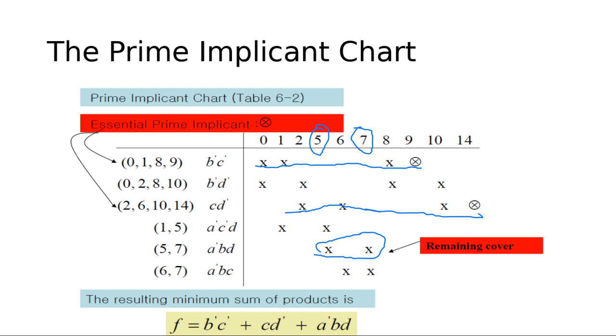It is not the hard way, but you need to solve some exercises. So there is a result. It means we have not B not C, plus C not D, and or not A B D. This is the answer.